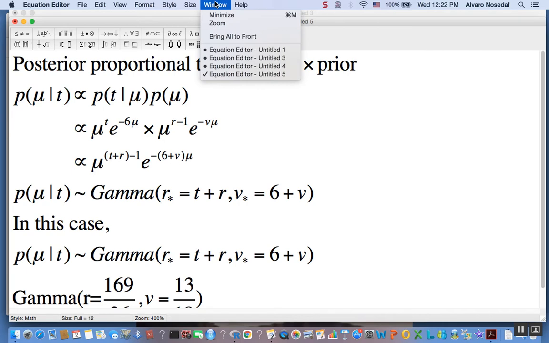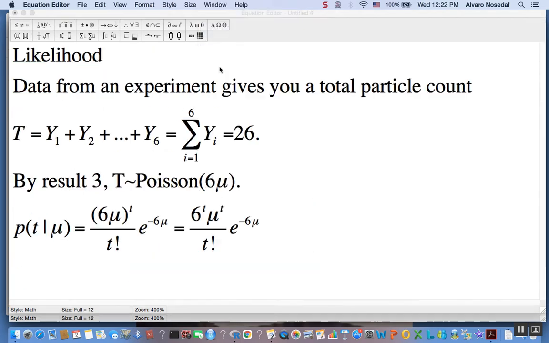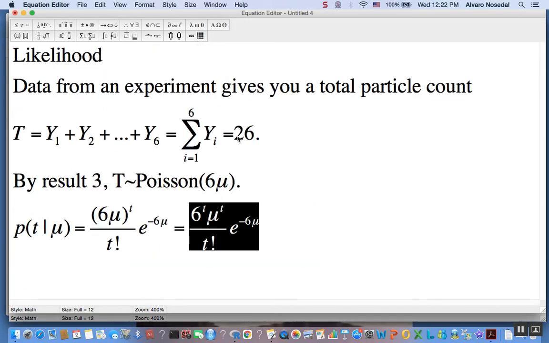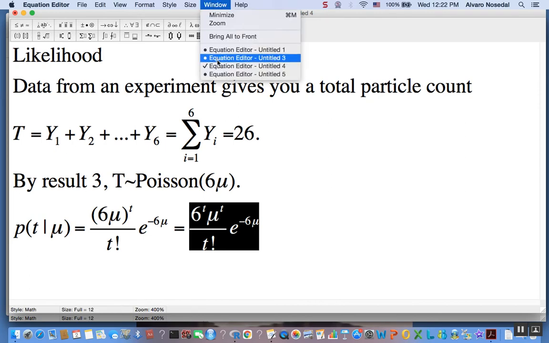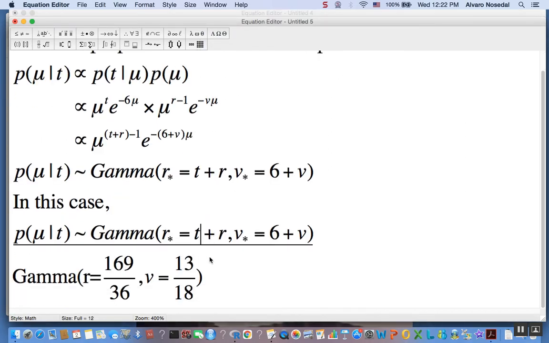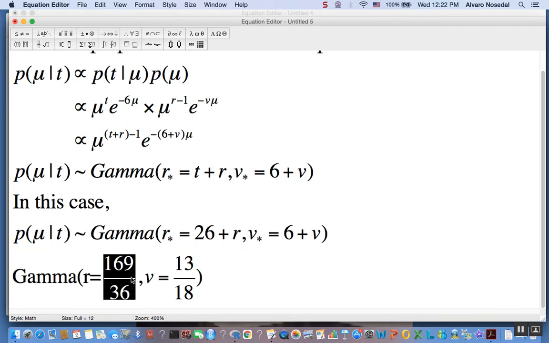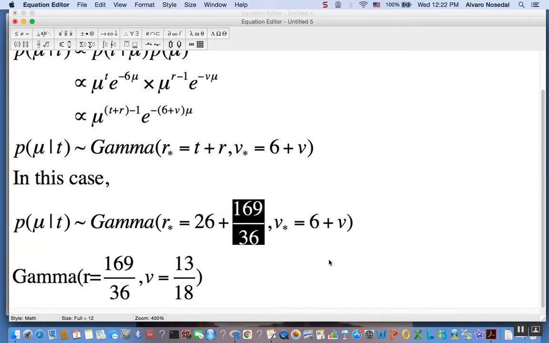Remember that that sum was 26. So it's going to be 26 plus r. R happens to be this. Remember, we used that prior mean and prior standard deviation from the past experience of scientists, and then we translated that information into values for our gamma prior. V is this.